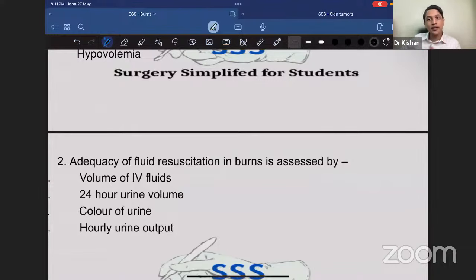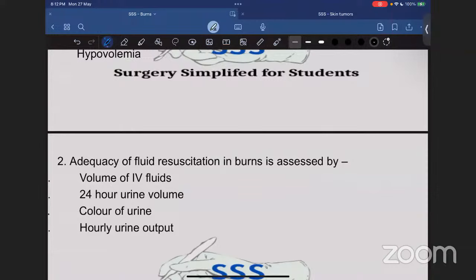Now you know that you have to monitor hourly urine output. That will give you an indication whether you are resuscitating adequately or not. What should be the normal? I'll ask someone randomly. Ananya, can you please tell us what the normal urine output is to say that fluid resuscitation is adequate?